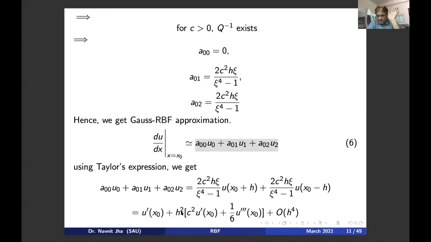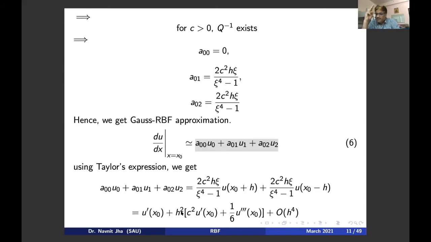This is our general formula. How many points have you used in this formula? One point is x, another point is x plus h. So 2 points are required to calculate the first derivative, the speed.